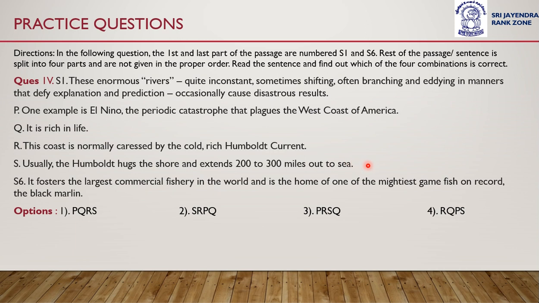So R will be followed by S, PRS, because here in R we are talking about the Humboldt current, and in S we are extending details about the Humboldt current. Okay, so PRS, then Q, PRSQ. It is rich in life. It fosters the largest commercial fishery in the world.